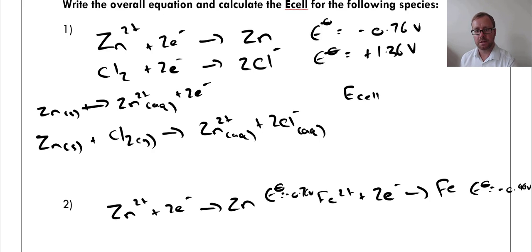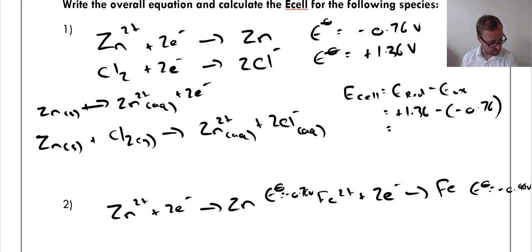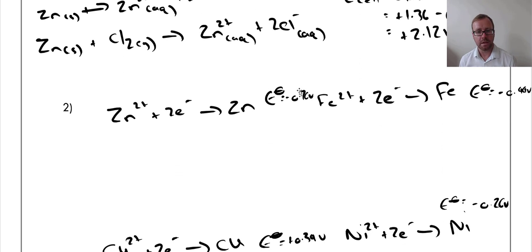E cell equals reduction minus oxidation, therefore plus 1.36 minus 0.76, which gives me a value of, what does it give me a value of? Plus 2.12 volts. Okay, moving on.